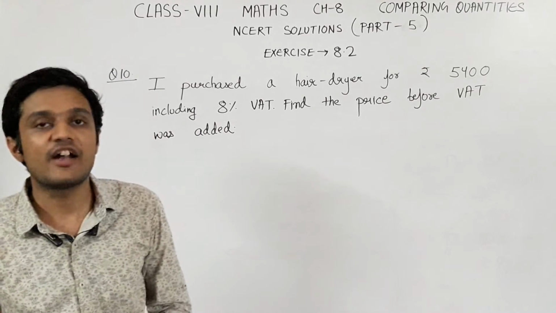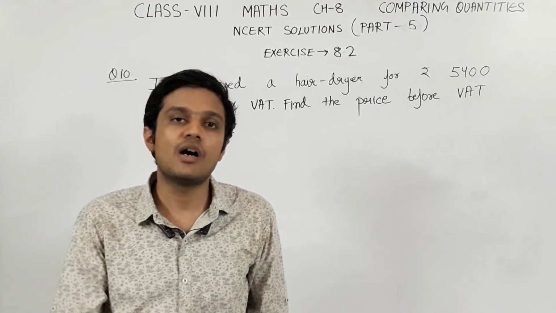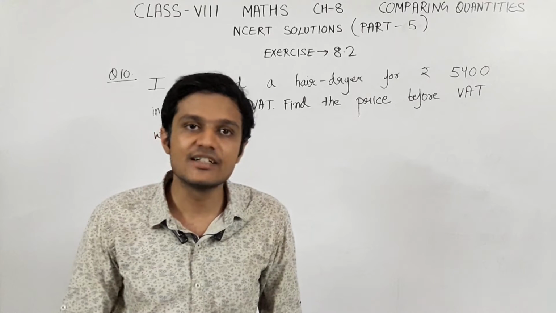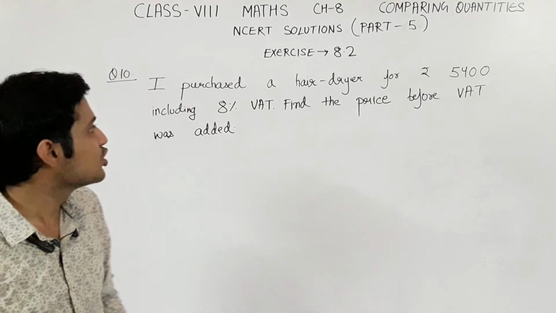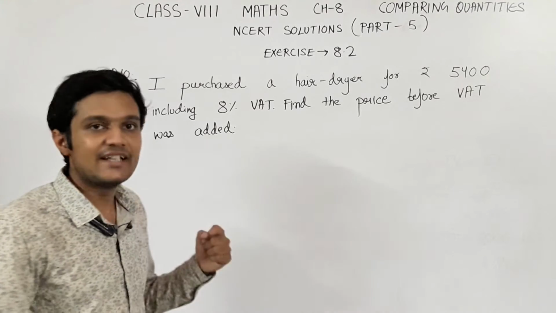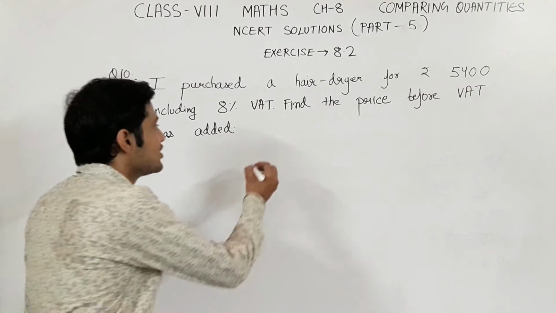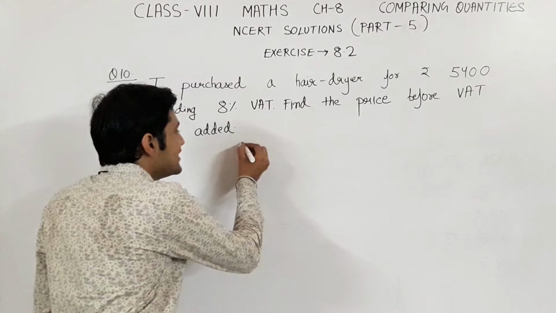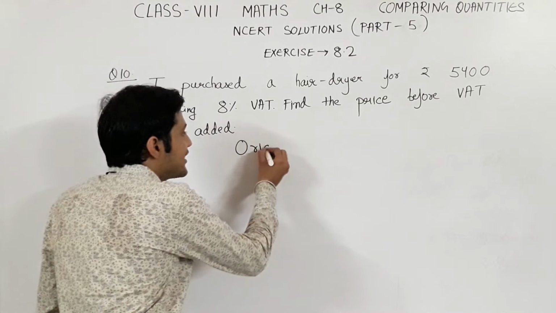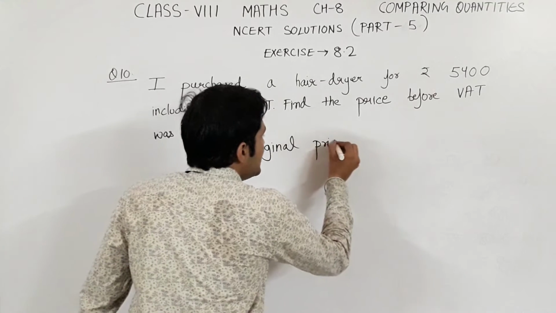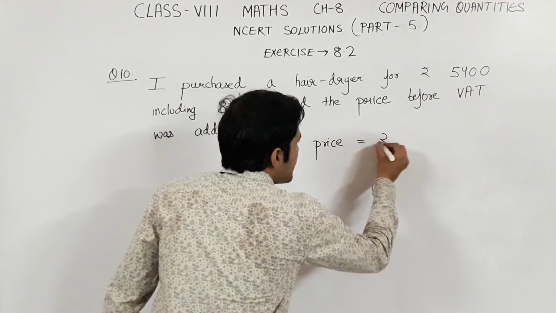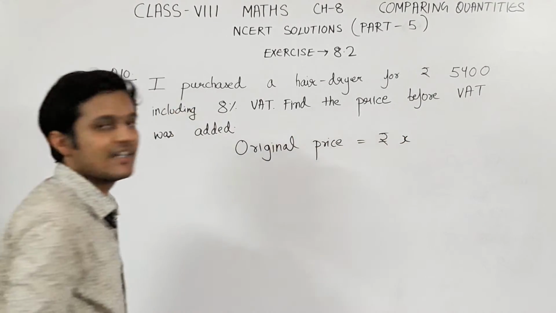So you have to find the price before the amount of VAT was added in this price. So VAT means value added tax. So suppose the original price, or the initial price of this product, is rupees X.